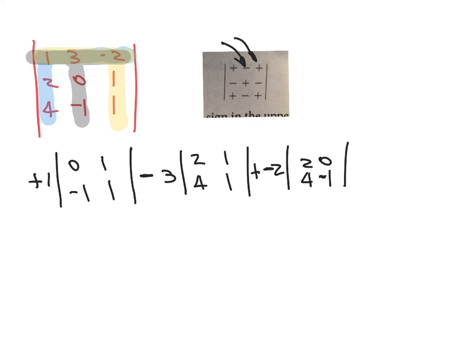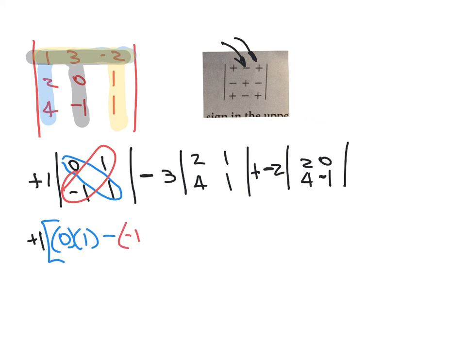Okay, so first of all we're going to write +1, and then if you remember from just a few minutes ago, we took this and multiplied it, and then we subtracted, and this is the product of that.